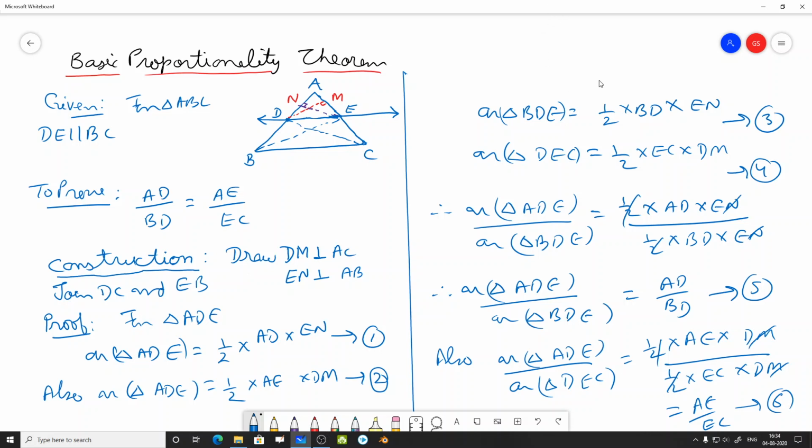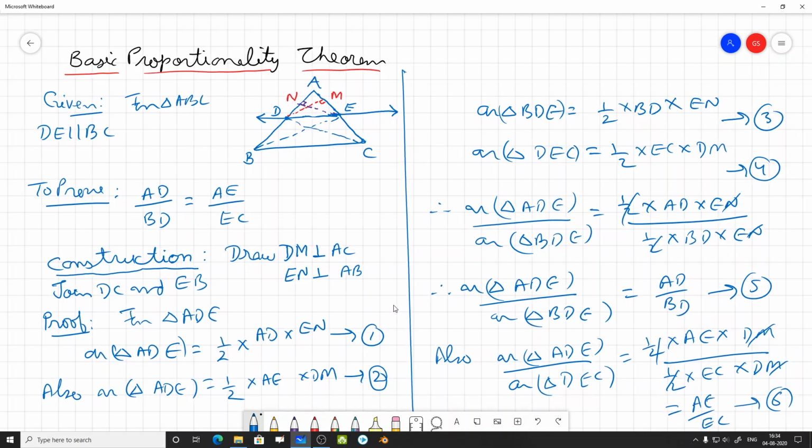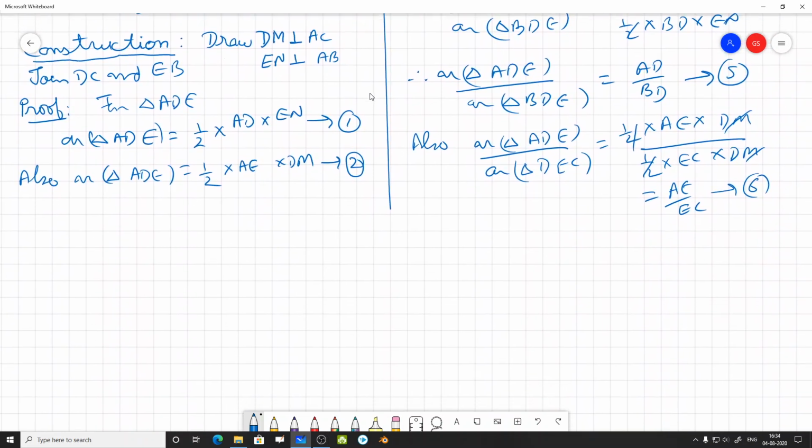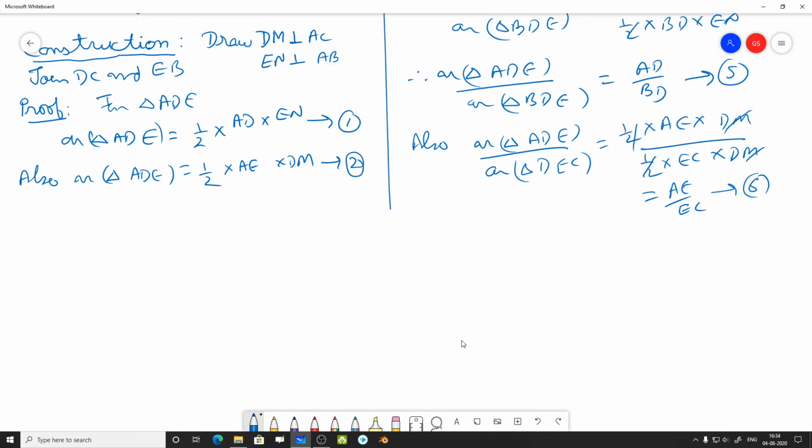Now let us go further in this one. So from 5 and 6 what we can see that the numerator is equal in both 5 and 6. Here this is area of triangle ADE, also this is area of the same triangle, so obviously the numerator part is equal.